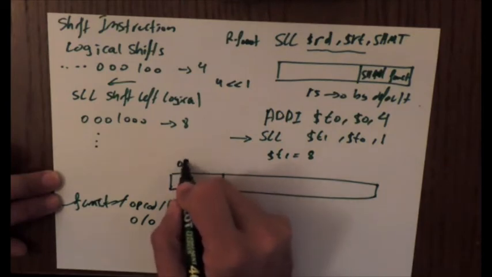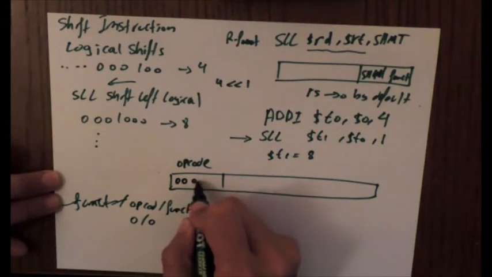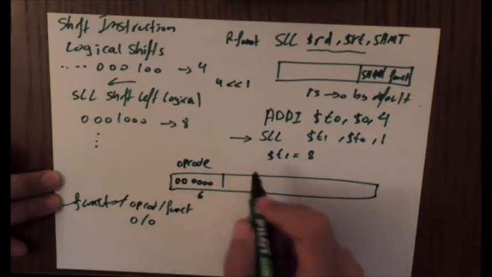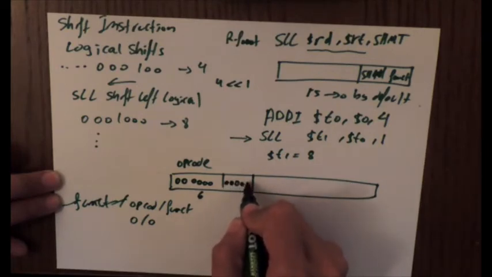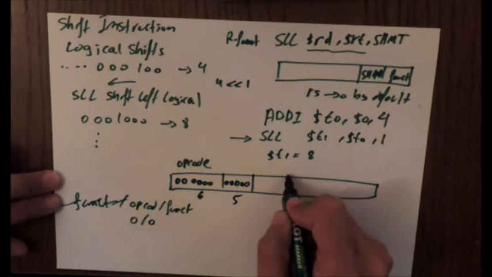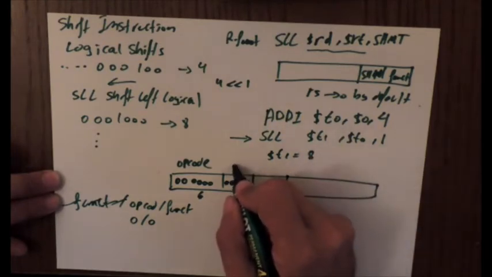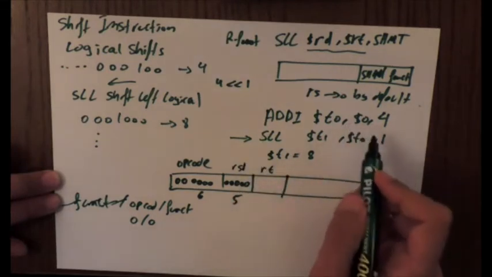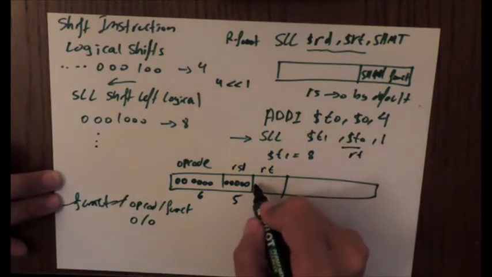So for the opcode, I'm gonna just place 6 zeros since the opcode is 6 bits. RS, as we said, is also set to 0. They are 5 bits. Here we have T0. So here we have RS. Now RT. RT is this guy here. RT will be 8.